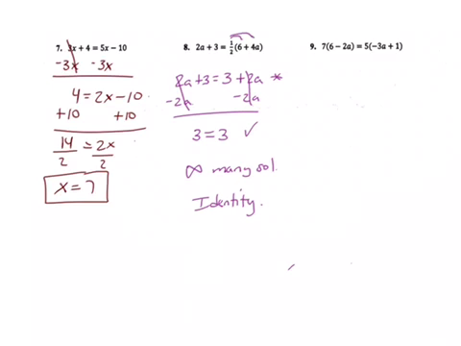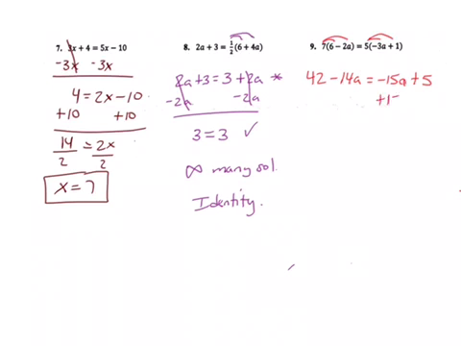Question 9, 7 times the quantity 6 minus 2a equals 5 times the quantity negative 3a plus 1. We'll start by distributing on the left. So this becomes 42 minus 14a on the left. And then I distribute on the right as well, which becomes negative 15a plus 5. At this point, I want to get my variables on one side, constants on the other.